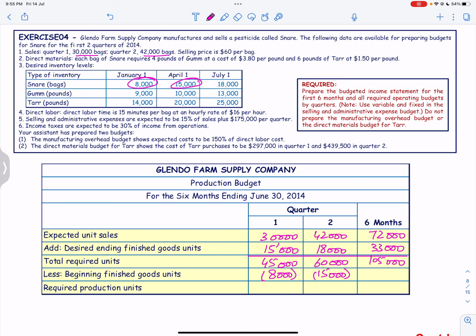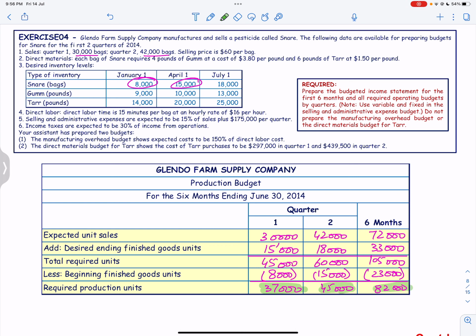So the total comes out to be 23,000 to be subtracted, because this is the beginning balance. So this is equal to 37,000, 45,000, and the total is 82,000.